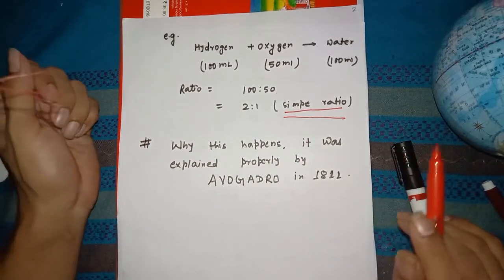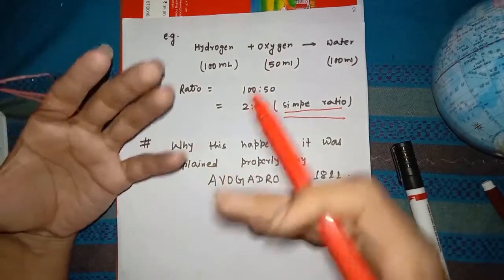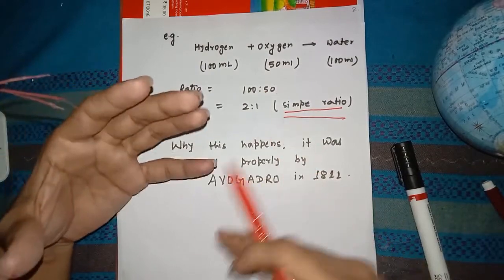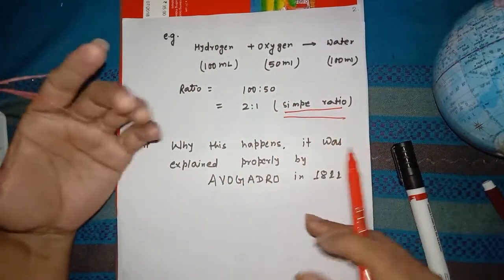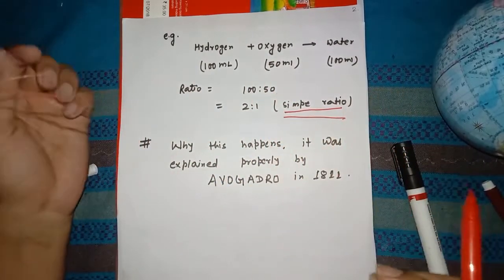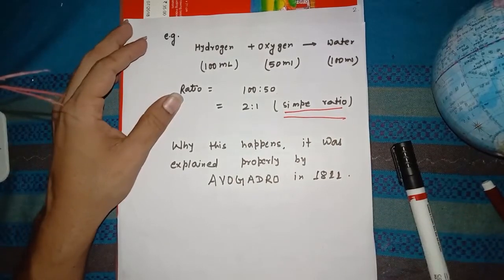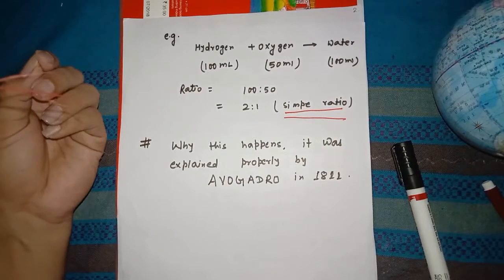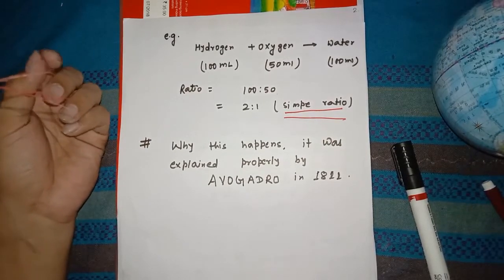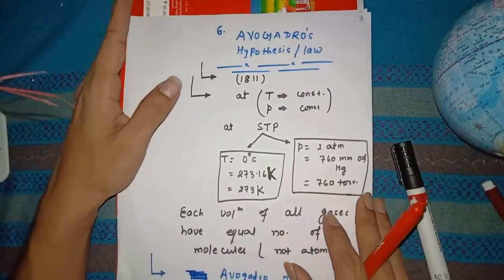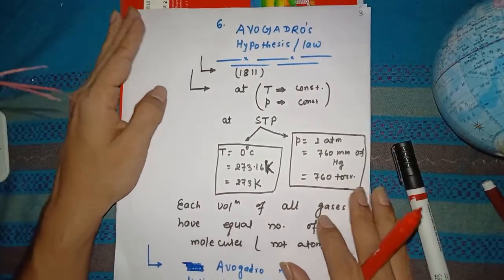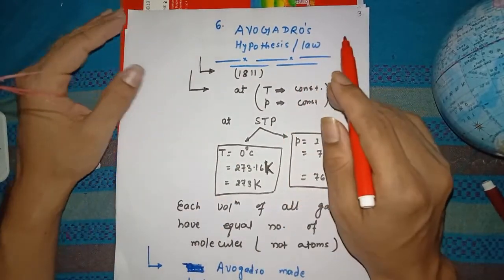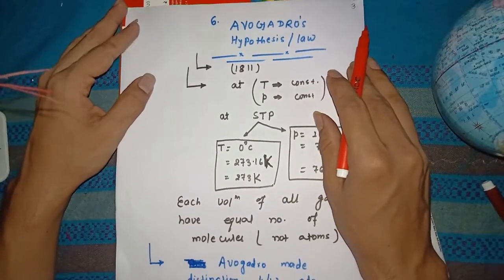This law was given by Gay-Lussac, but it was not fully explained by Gay-Lussac. It was fully explained by Avogadro in 1811. Avogadro also gave a new law, which is called Avogadro's hypothesis or Avogadro's law. So here is another law of chemical combination, given by Avogadro.